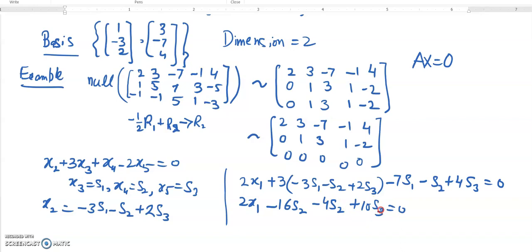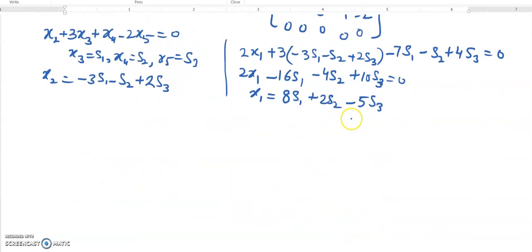So I get x1 equal to 8 s1 plus 2 s2, because we will be dividing by 2, and minus 5 s3.